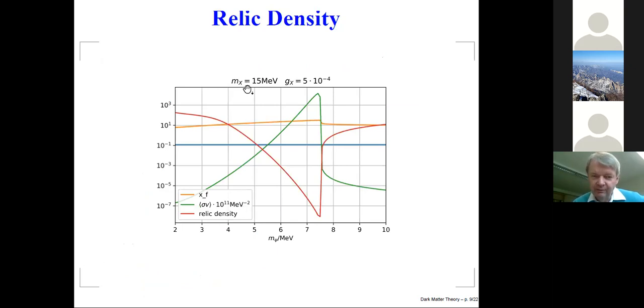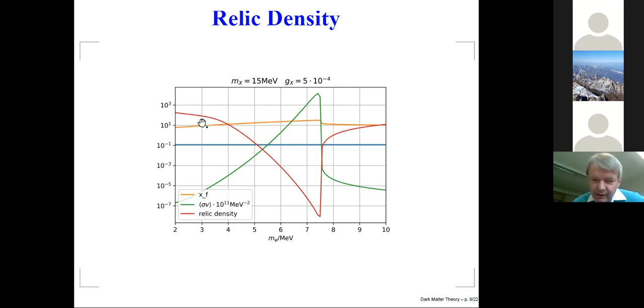For example, take a gauge boson mass of 15 MeV and a coupling of the order of the value required by g-2. Here, the green curve shows the thermally averaged annihilation cross-section, and you see it increases by many orders of magnitude when you approach the resonance at 7.5 MeV.